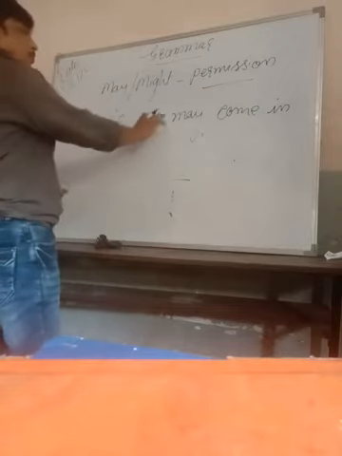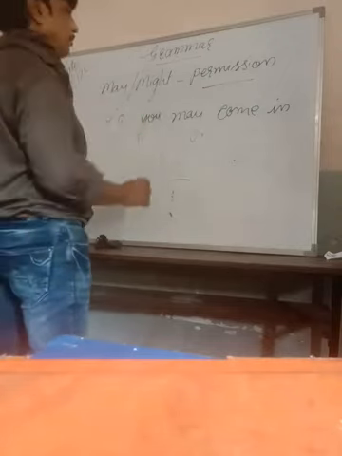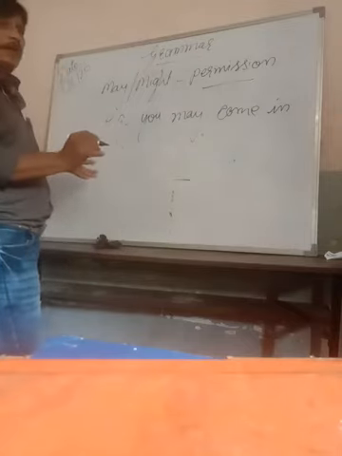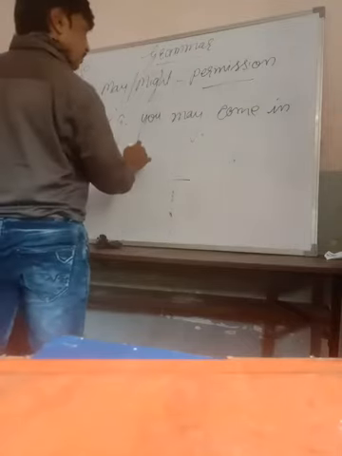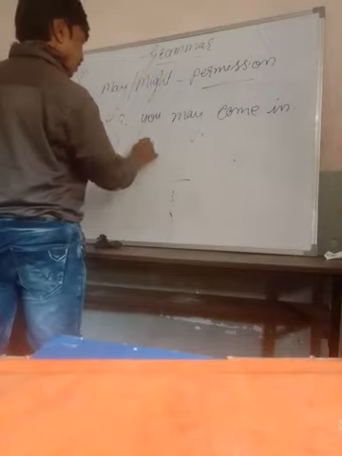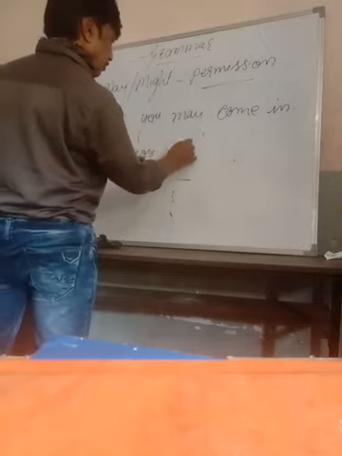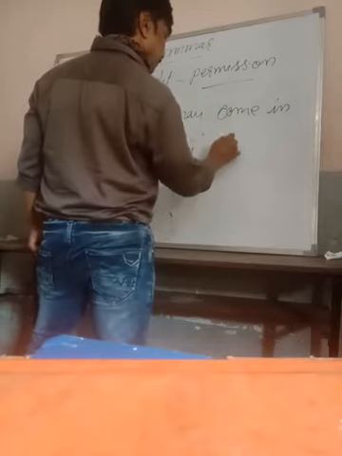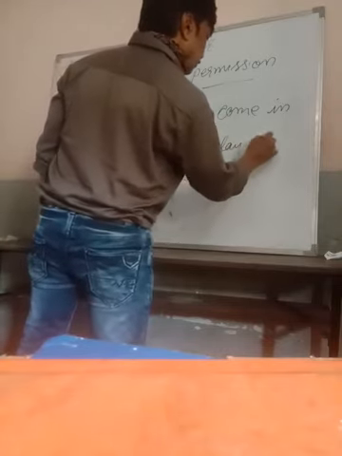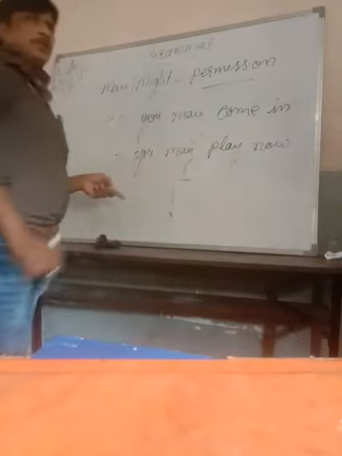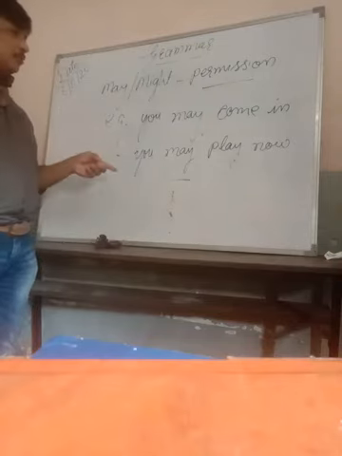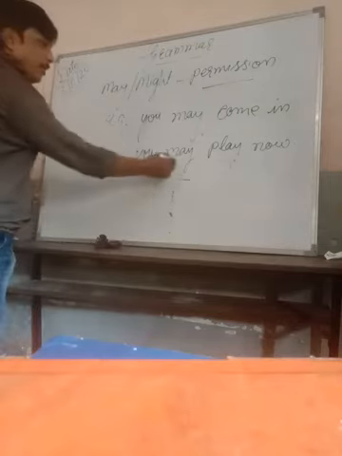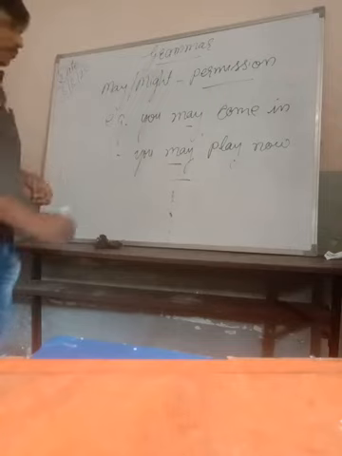Look now. You may come in. This is a permission, right? Another thing is that you may play. Now, this is also permission mentioned in this sentence also. May. So permission.